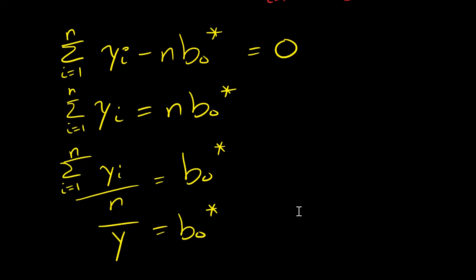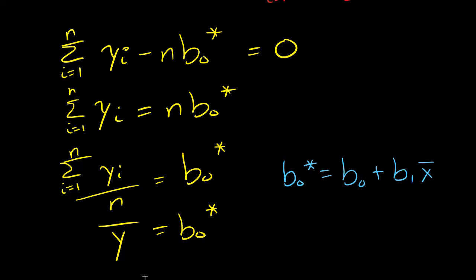All right, so the least squares estimator of beta naught star is y bar. We're not usually interested in knowing the estimator for beta naught star. Rather, we want to know the estimator for beta naught. So remember, b naught star is equal to b naught plus b1 times x bar.